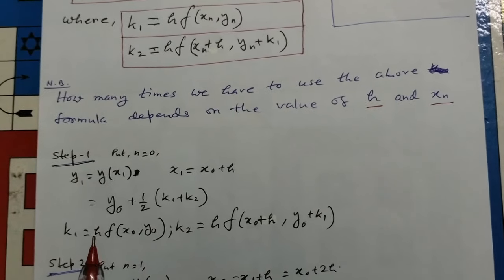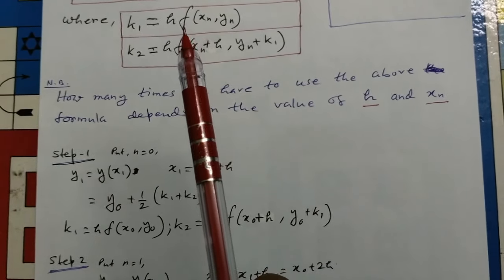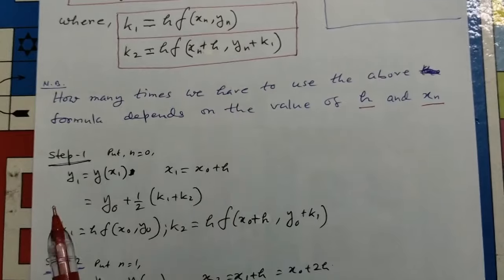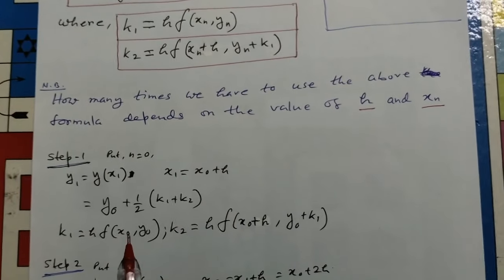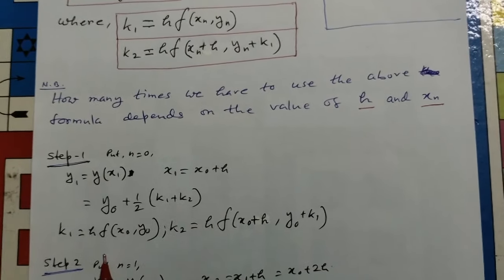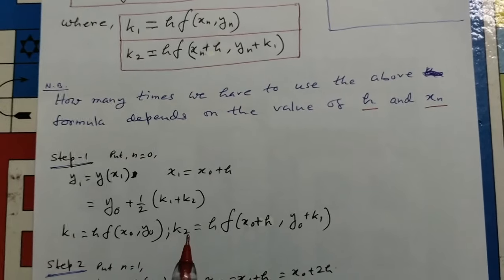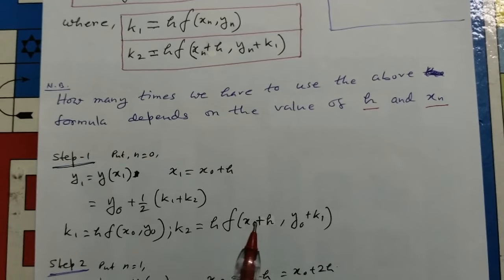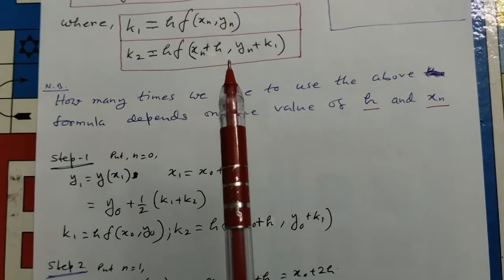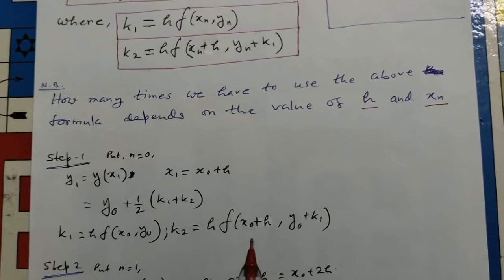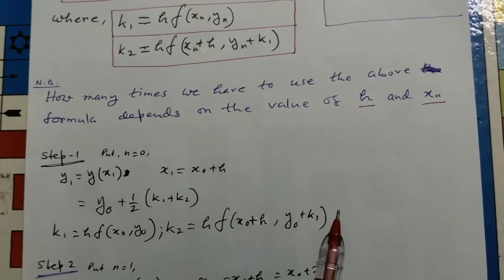Here y1 equals y(x1), where x1 is x0 plus h. Similarly, k1 equals h f(xn, yn), so putting n equals 0, k1 equals h f(x0, y0), and k2 equals h f(x0 plus h, y0 plus k1).